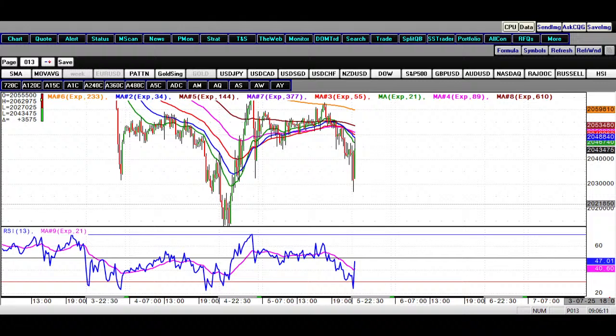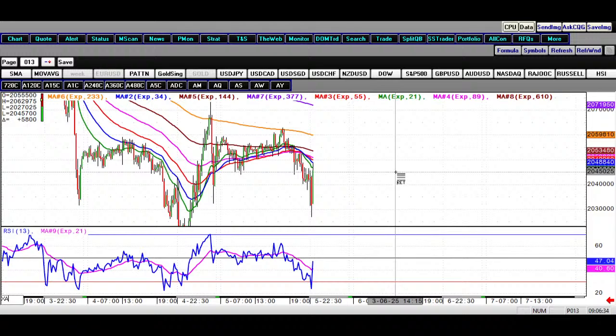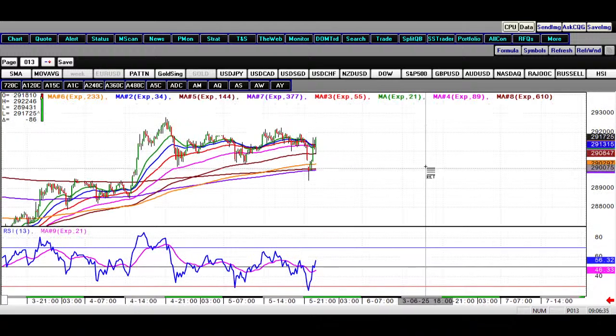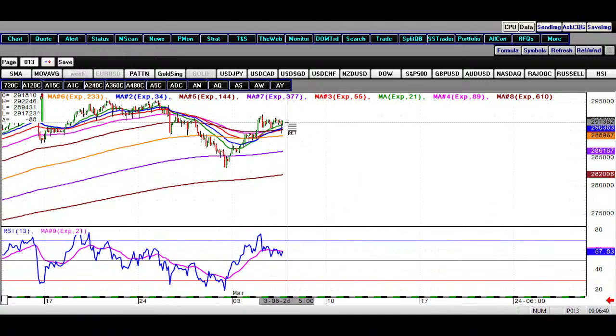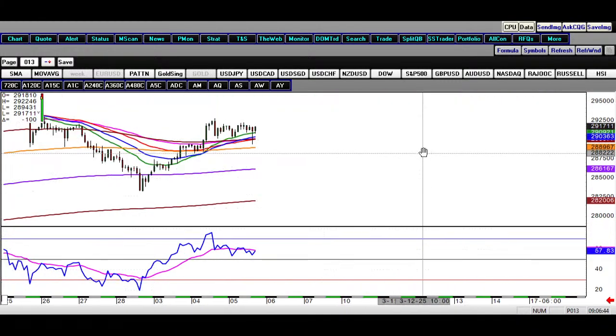Okay, the gold is showing 17 now. I think we are already making that $7. Okay, we are making that $7. You see whether that 18 breaks. And this strength is expected to last for at least another 2 hours.